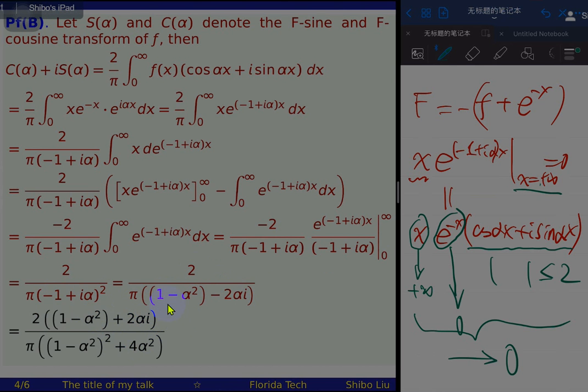Then the term downstairs is the sum of their squares, the difference of their squares, but i square is minus 1. Therefore, actually, it is the sum of these two squares, 1 minus alpha square and 2 alpha square, that is 4 alpha square.